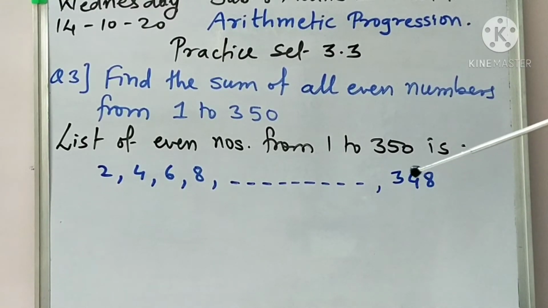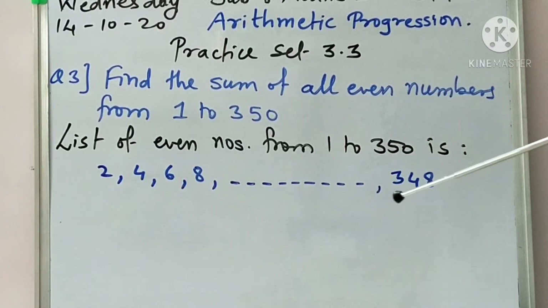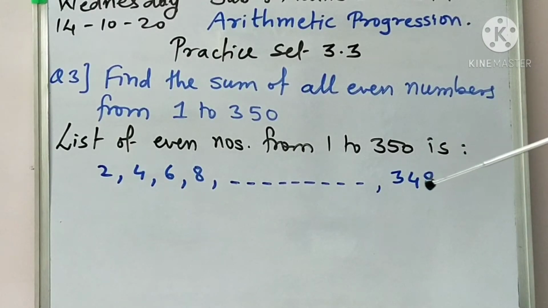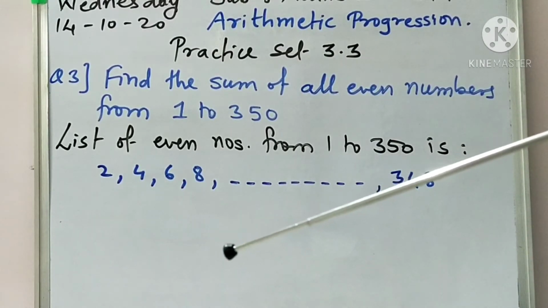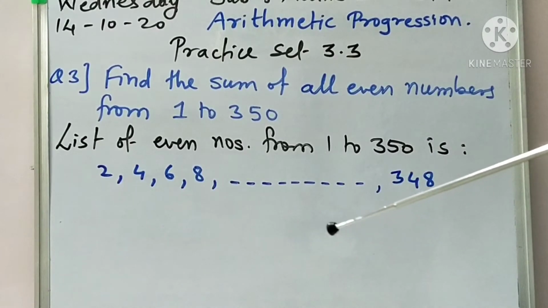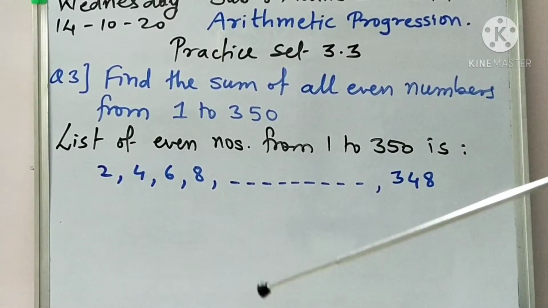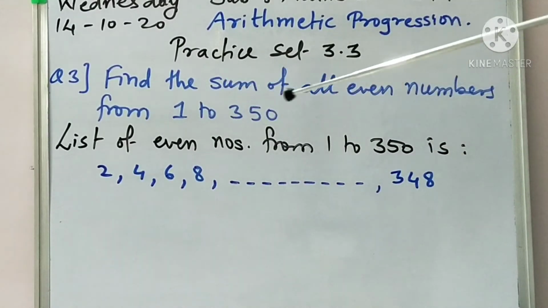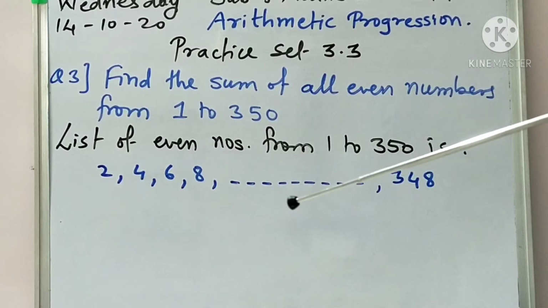So first we have to identify n. We have to find out how many numbers there are, and we find n from the formula of Tn, the nth term of an AP. First we find n, and using that value of n, a and d, we find Sn. So pay attention over here to how we solve this.